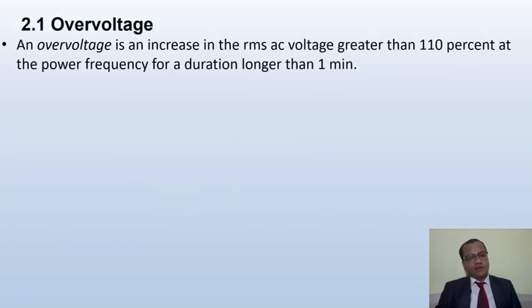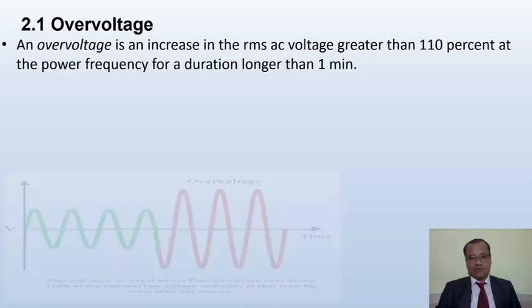Next we'll see one by one. First, over voltages. An over voltage is an increase in RMS AC voltage greater than 110% at the power frequency for a duration longer than 1 minute.